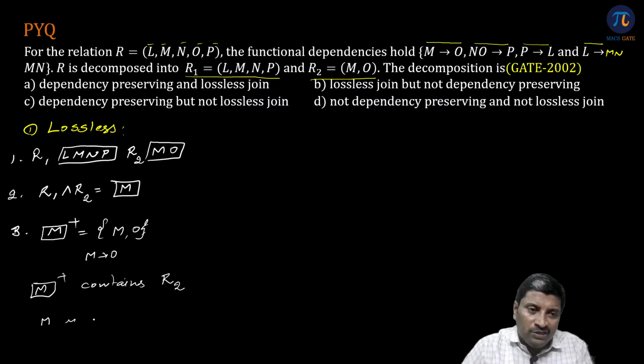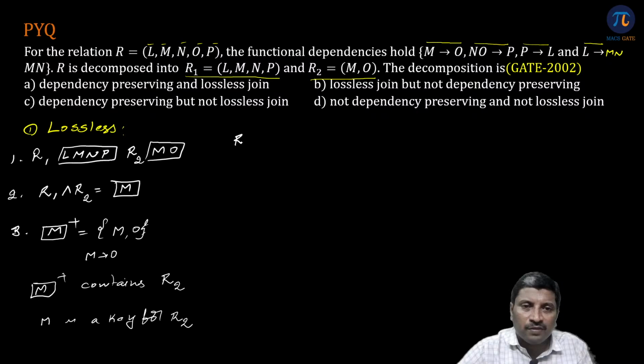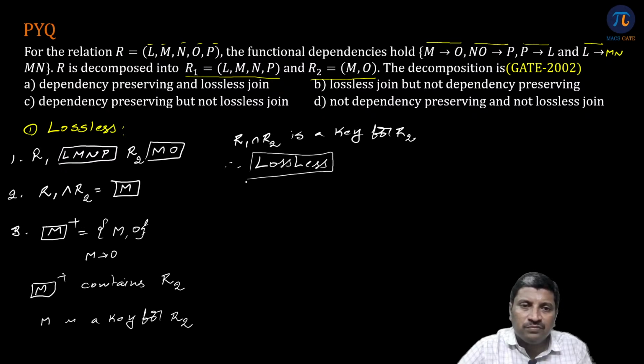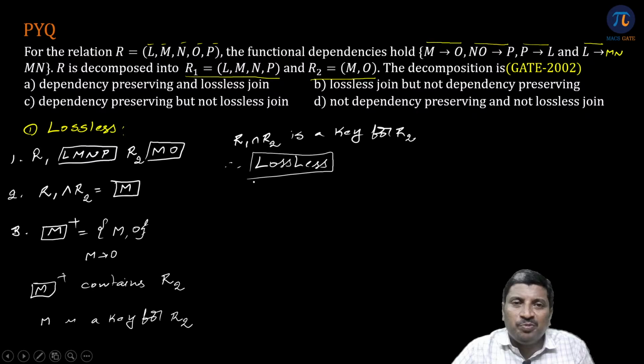So this M is a key for R2. So you can say, okay, let me write it here. R1 intersection R2 is a key for R2. So what is our conclusion, sir? Therefore, it is lossless. Hope you understood it.